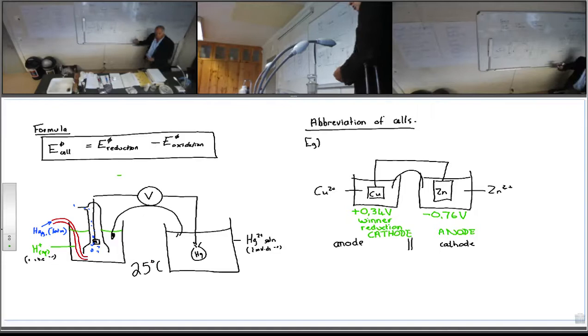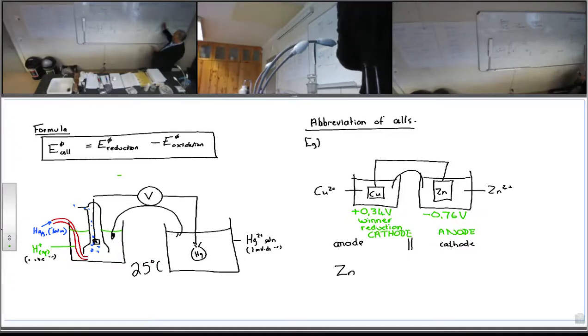What you also do, you also always start off with the neutral substance. Now, which is the neutral substance in the anode? So you would start off with zinc, followed by the zinc ion. And you show the two separated by a single straight line. Zinc 2 plus. Then your zinc 2 plus is connected to what?